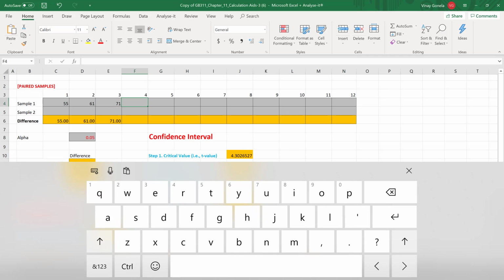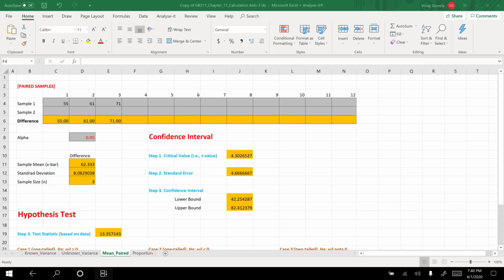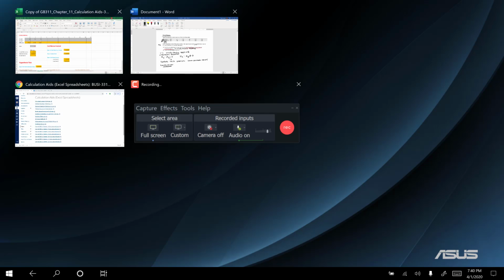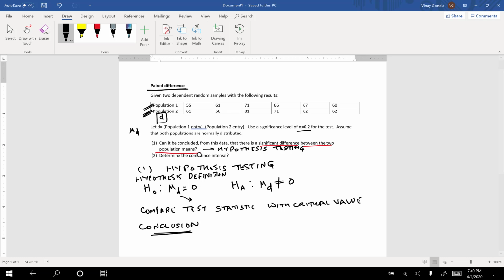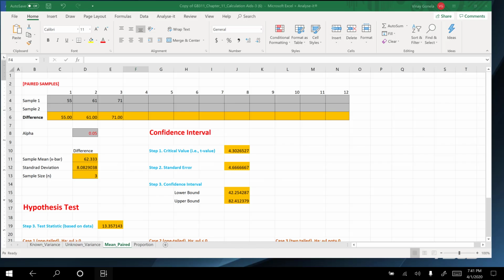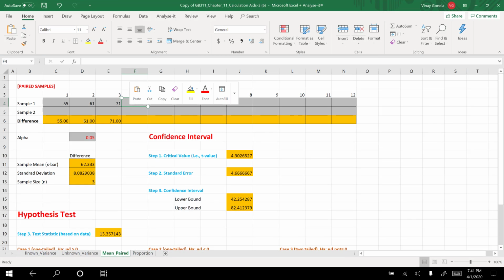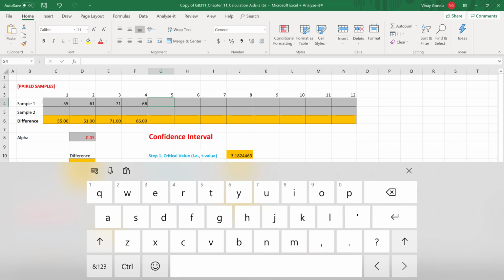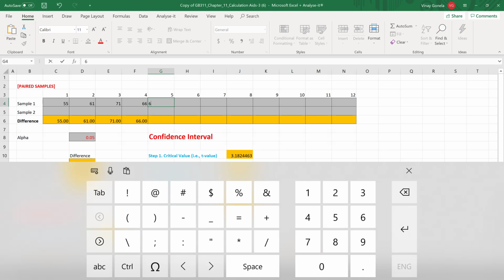And then the next numbers are 66, 67, 60. So I will key in those numbers: 66, 67, and then 60.